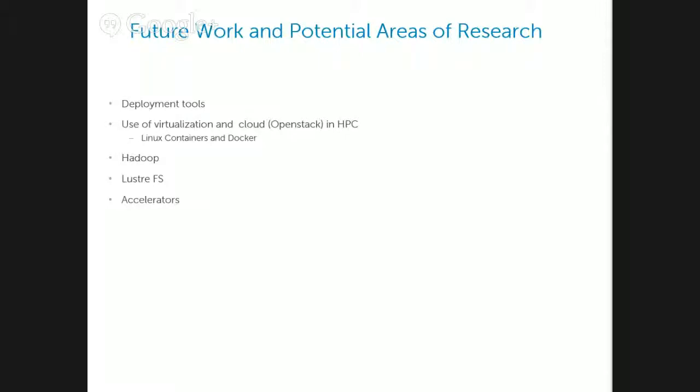And then accelerators. There are a lot of emerging trends, such as the use of FPGAs. Our friends at Intel and NVIDIA are coming out with new accelerators. How can we take better advantage of these in HPC? How can we enable heterogeneous computing better? These are all focus areas that we have internally in our lab as well.